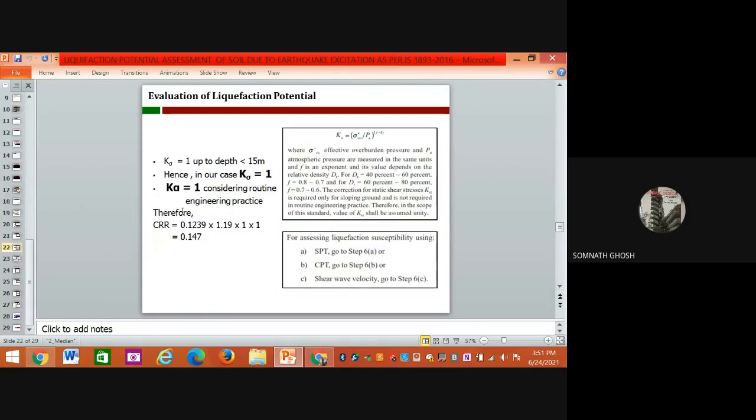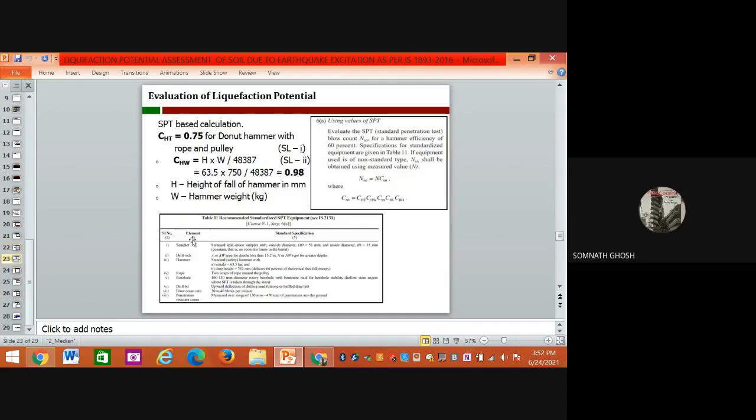So Ka they calculate, then they get the CRR. Okay. So these are all nothing but just using the formula. You have to be very careful about the formulas and its limitations and everything. And accordingly, if you just use the formula, then you are not wrong according to IS 1893. Right? So be careful about putting data.